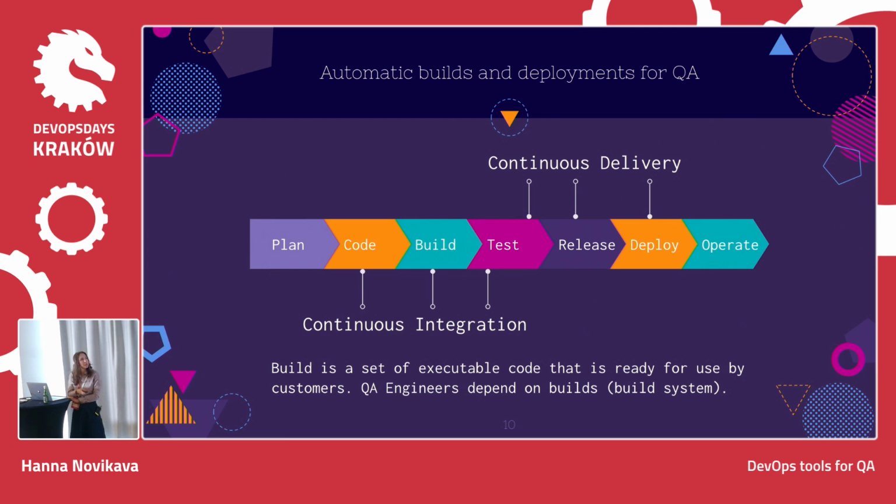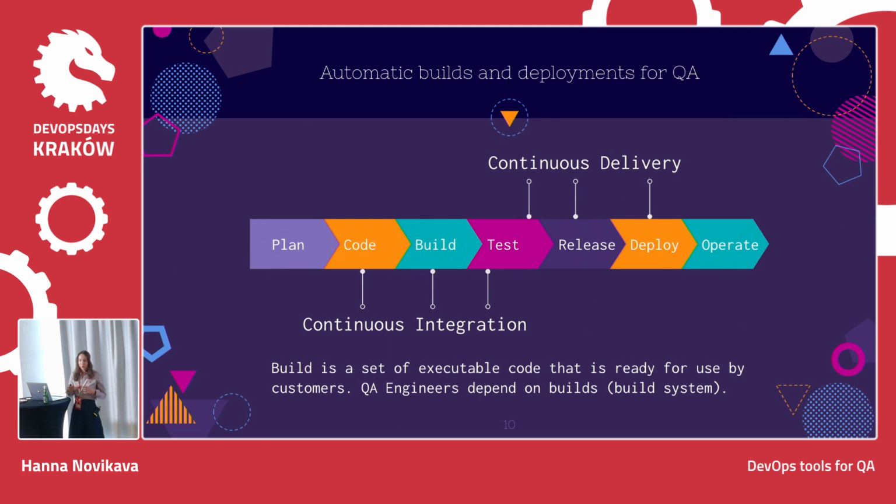Continuous integration, continuous delivery. And as we can see, usually build is the responsibility of DevOps engineers, but without build, QA engineers cannot test properly. That's why QA engineers and DevOps engineers should work closely together.